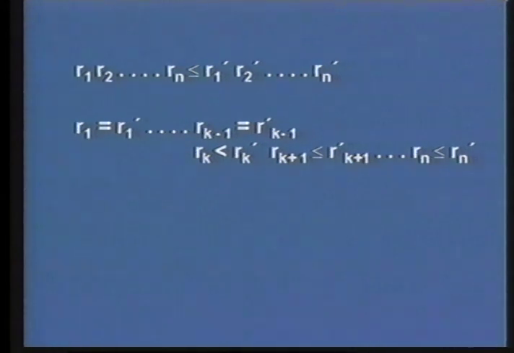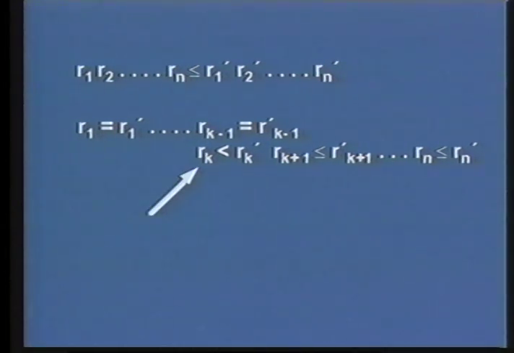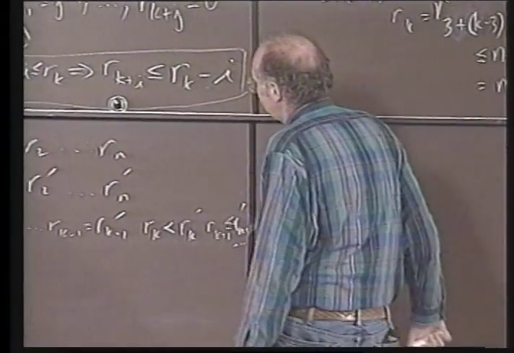But then we have a definite less than situation. And then after that, R(K plus 1) is less than or equal to R(K plus 1) prime, and so on, all the way up to R sub n is less than or equal to R sub n prime. So I have a less than or equal situation on the right, equals on the left, and definitely less than right here. And now I want to show that I can do the rotation.